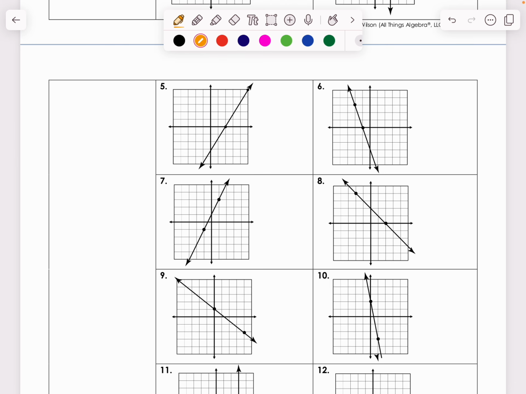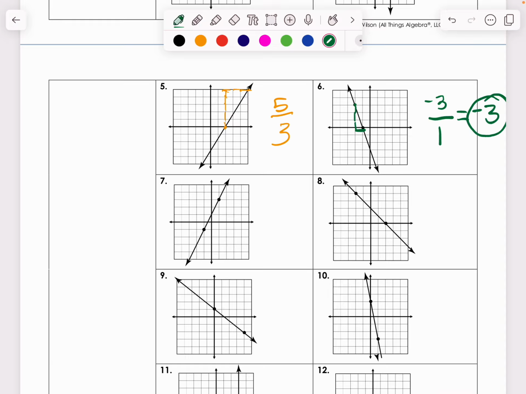Okay, so we are now going from this point to this point. So we go 1, 2, 3, 4, 5, up 5, and over 1, 2, 3. So it's 5 over 3. Okay, here, we're going to go down 1, 2, 3, so negative 3, and to the right 1 over 1, so that is just negative 3 as your slope.